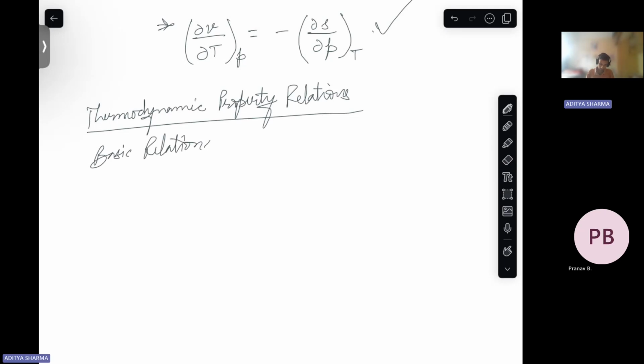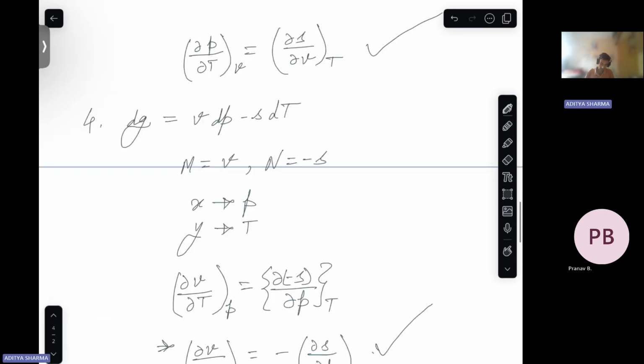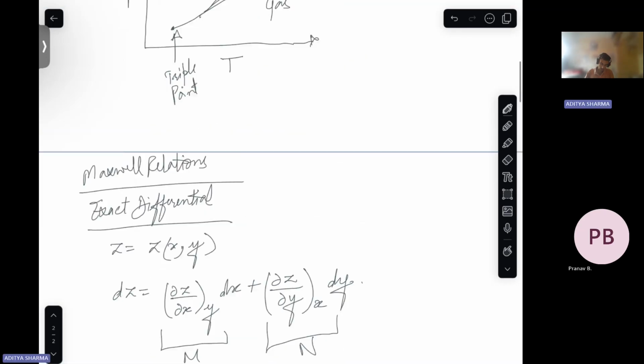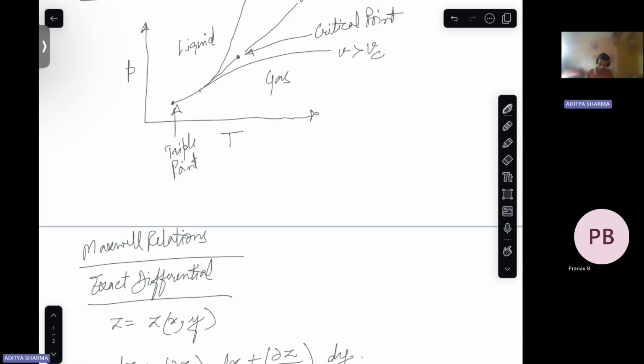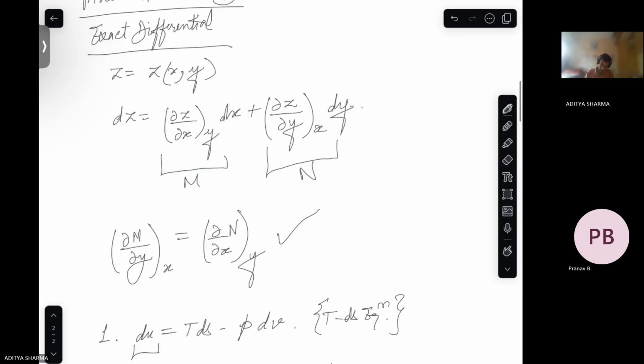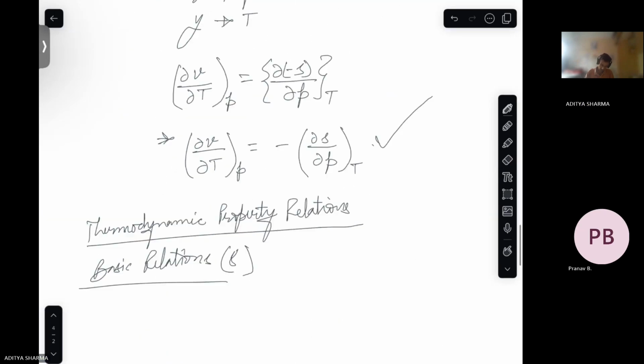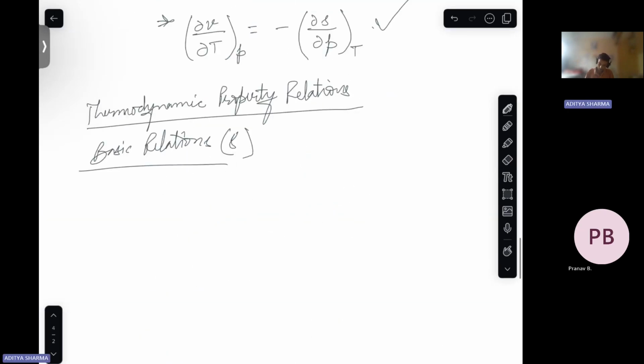From these basic relations, we get 8 equations, right? From Maxwell relations, we get four relations. From here we get 8 relations.